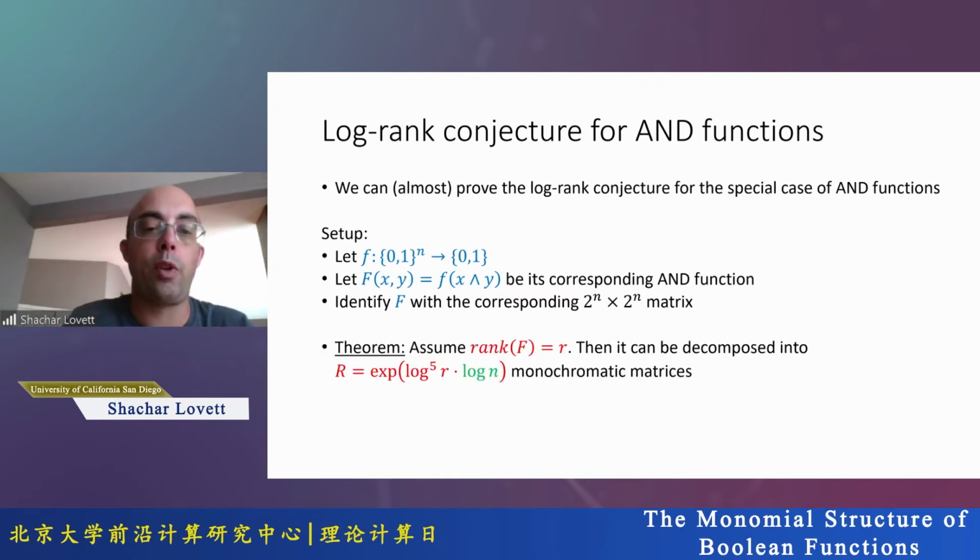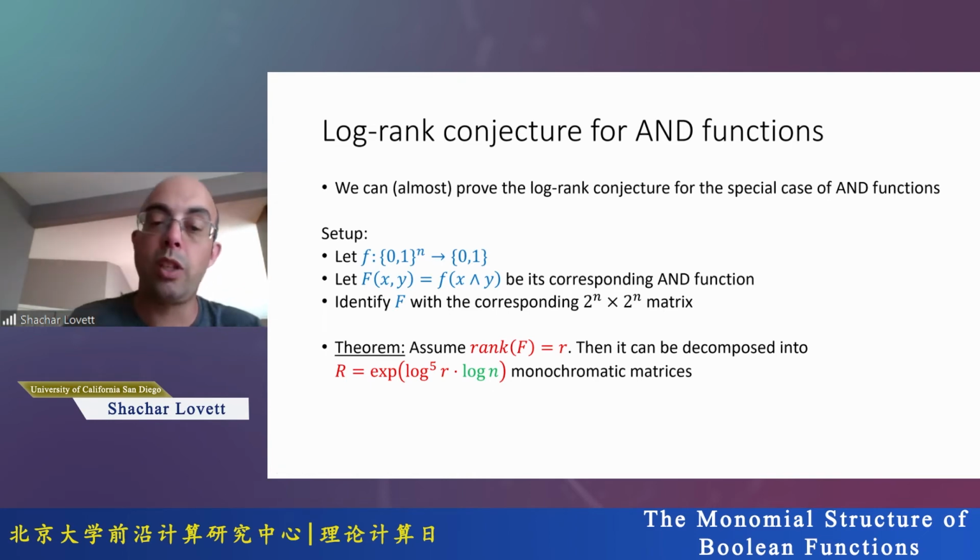And what we can prove is the following. Assume the rank of this matrix is R, which is our assumption for the log rank conjecture. We want to prove it can be decomposed into a quasi-polynomial number of monochromatic matrices. And we can almost prove that. See, this is this polylog R here, but we get this annoying log n term that we couldn't get rid of, coming from our decision tree model.